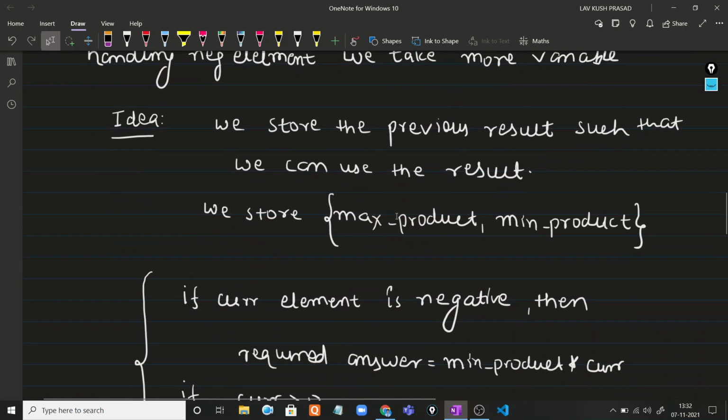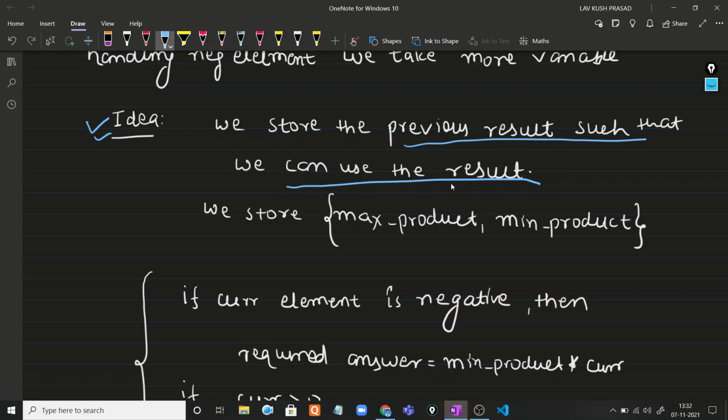So let's take some variables, okay? And the idea is simple. We store the previous result, and according to the current value we take the decision, and we take the maximum or minimum out of those conditions.